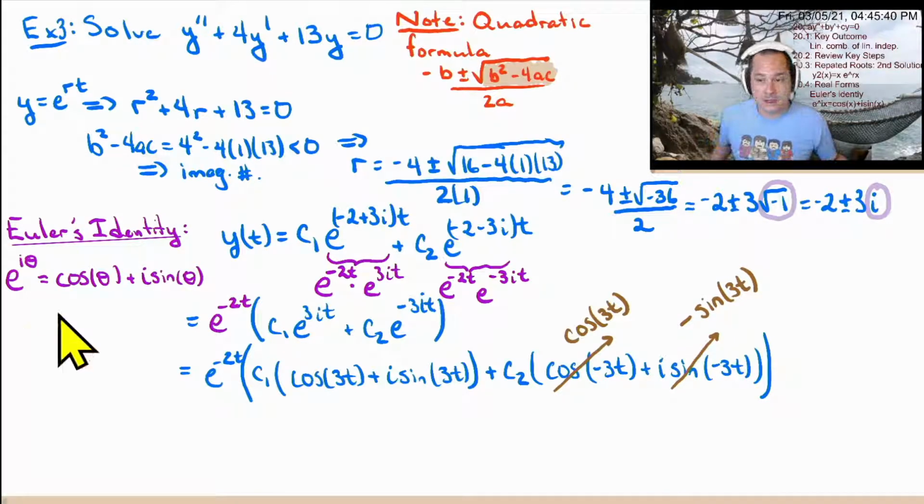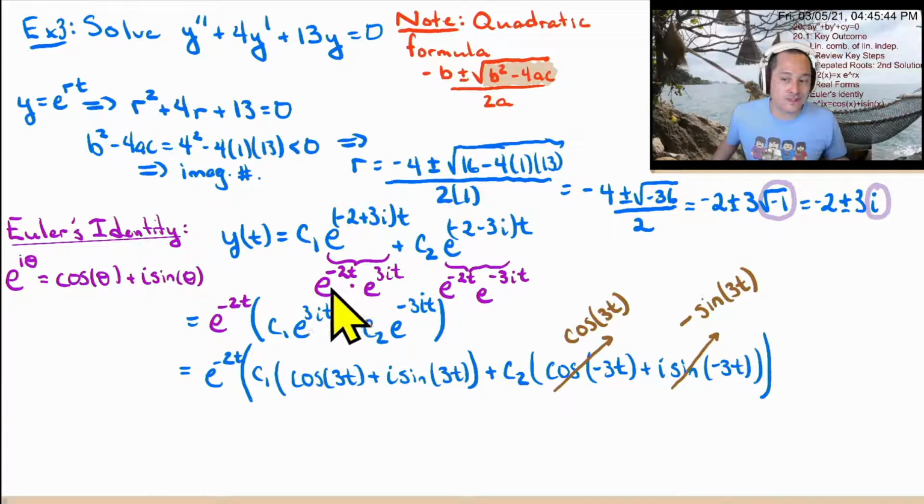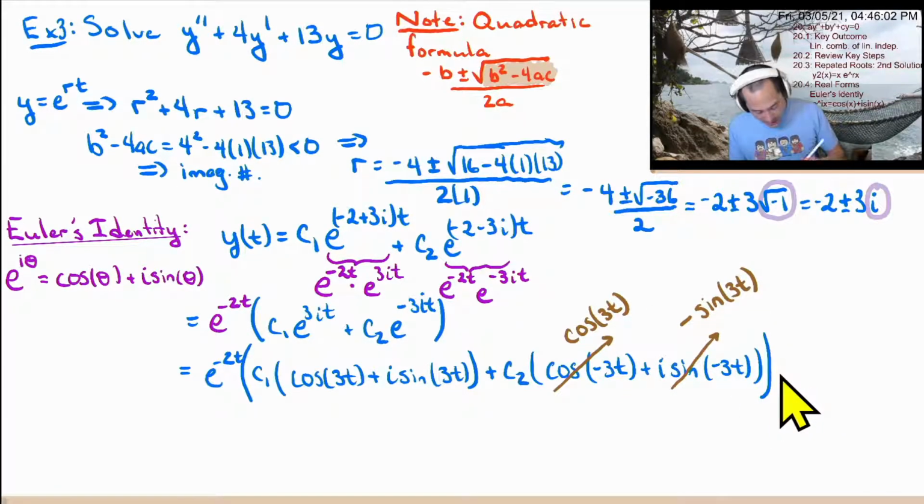So, I've written my exponentials. I don't like the way they look. I notice that they share an e to the negative 2t, so I factor that out front. Now I'm looking at these e to the i's. I don't like how that looks either, so I appeal to Euler's identity, make them into sines and cosines. I use a little bit of symmetry, even symmetry for cosine, odd symmetry for sine. And now, near the end of the game here, I have an e to the negative 2t out front.